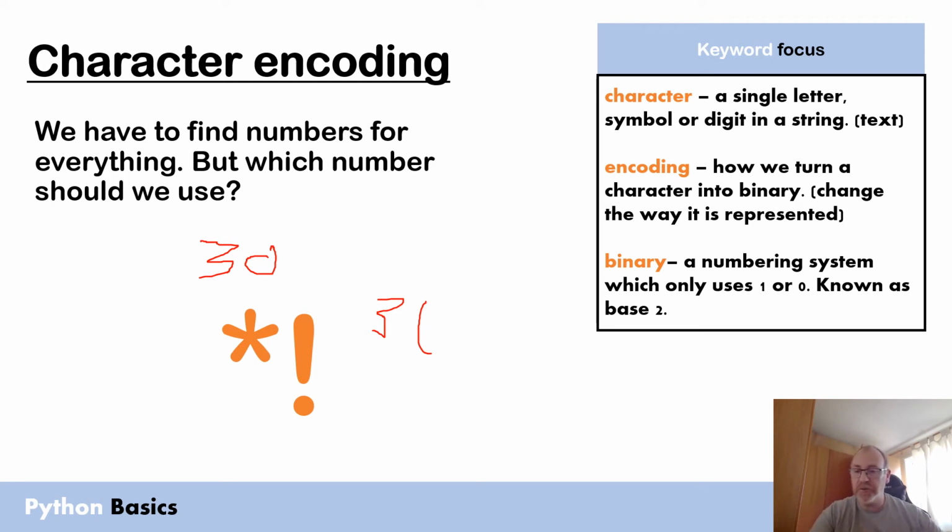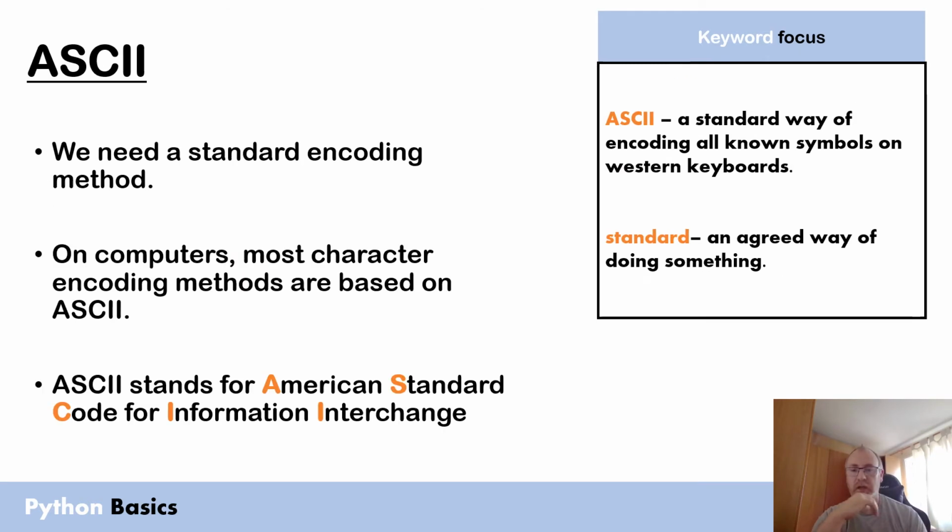So in order to help matters, an encoding scheme was created. ASCII is the most common standard in use for storing characters in a computer. Most encoding schemes are based on ASCII, therefore anything that is stored as text tends to use the same ASCII values for the first normal letters, so A's, B's, things like that.